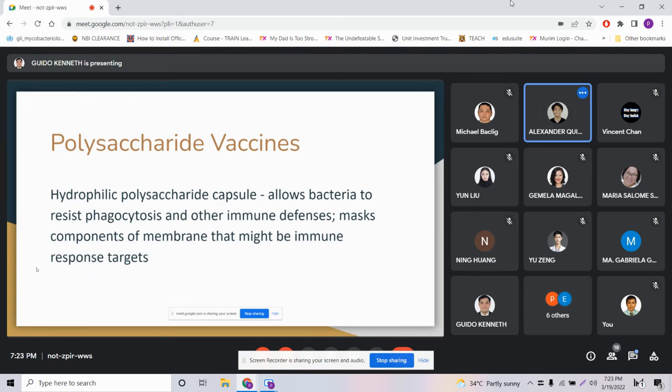So next slide. So the polysaccharide vaccines. Polysaccharides, some bacteria have hydrophilic polysaccharide capsules that allow the bacteria to resist phagocytosis and other immune defenses. It will mask components of the membrane that might be immune response targets.